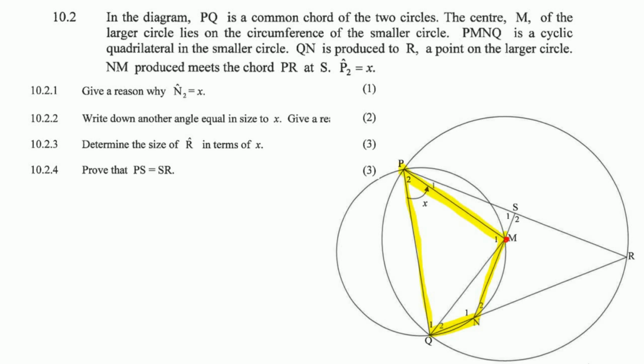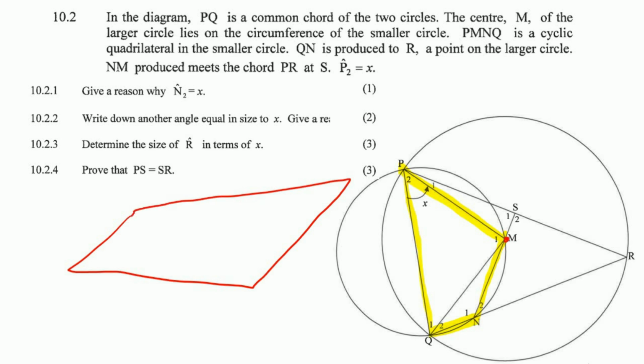We know that if it is a cyclic quad, then the exterior angle is always equal to the interior opposite angle, which is that one there. They are always the same.